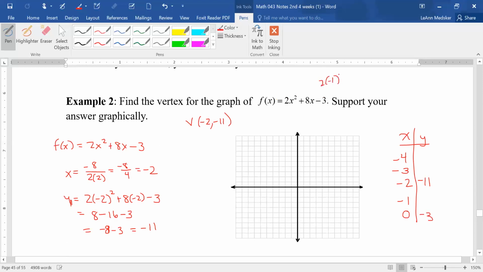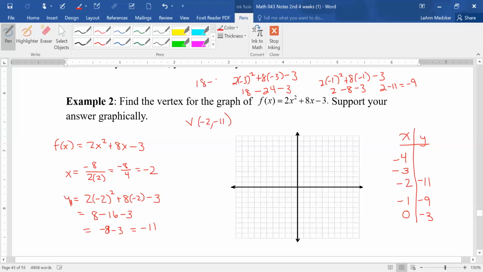So plugging in -1, that would be 2 minus 8 minus 3. So 2 minus 11 is -9. Plug in -3, that'd be 2 times -3 squared plus 8 times -3 minus 3. 9 times 2 is 18, minus 24 minus 3.